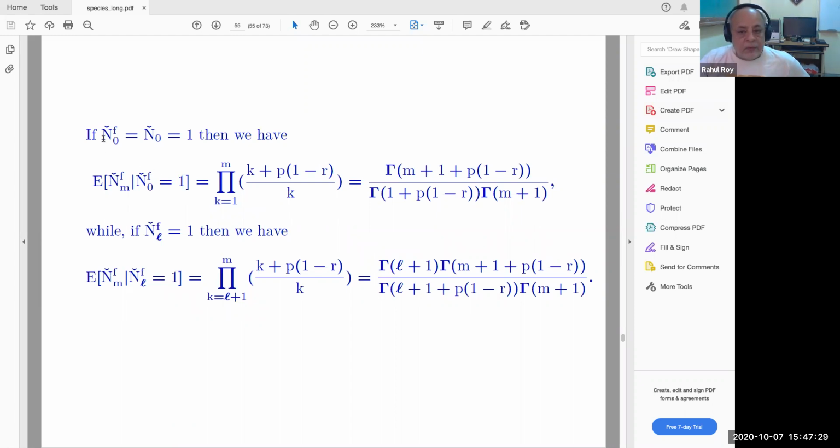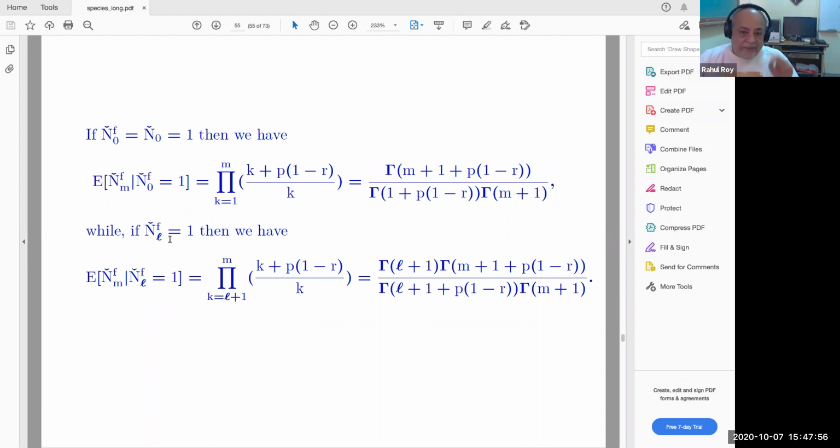So this is if at time 0 there is an individual at fitness F, and of course this is a total population. Therefore, we can calculate this expectation from our earlier calculations, and we get exactly these gamma relations with the gamma function. Okay.